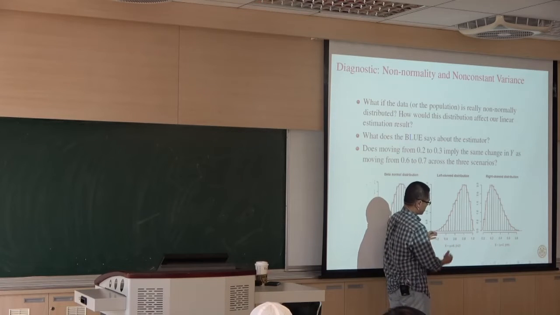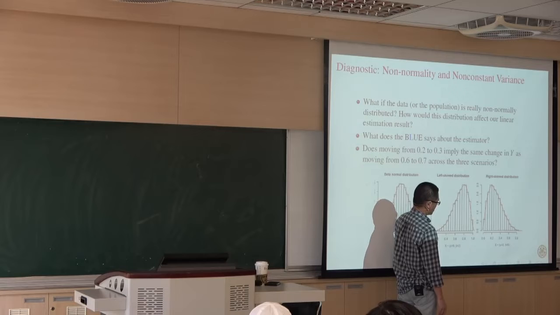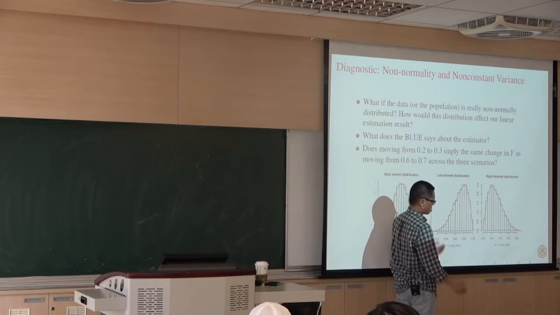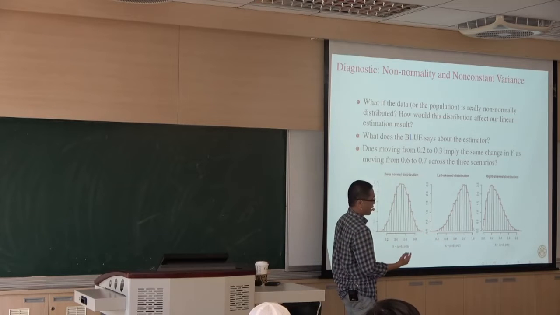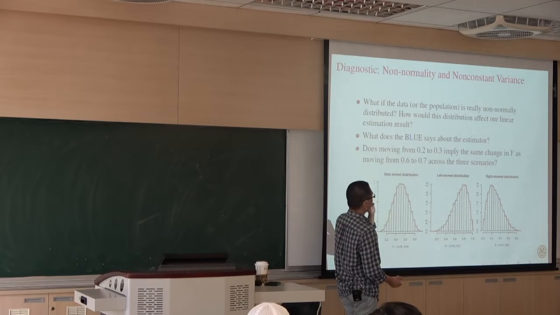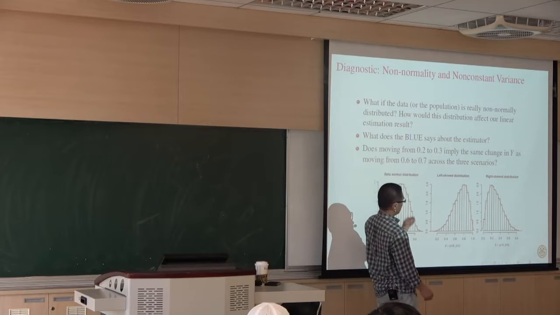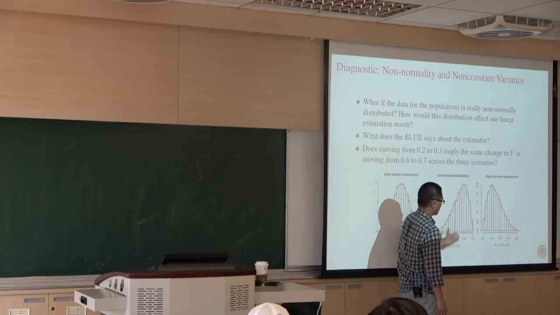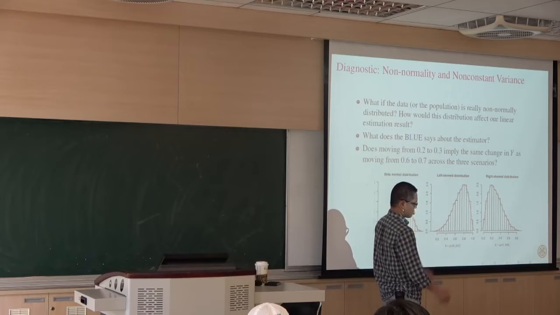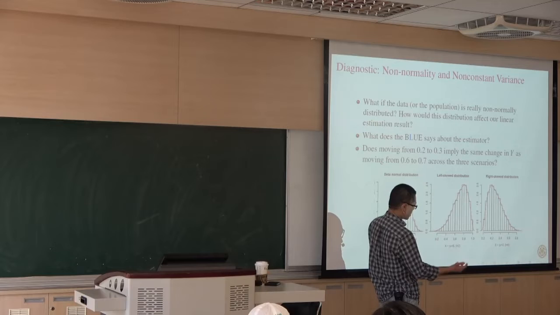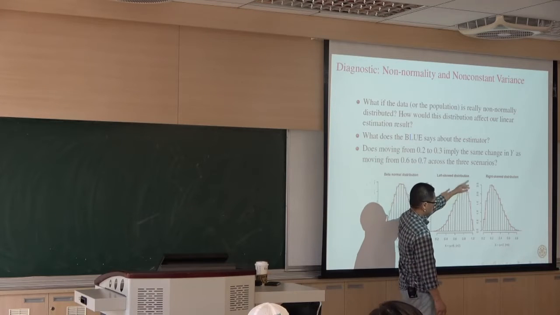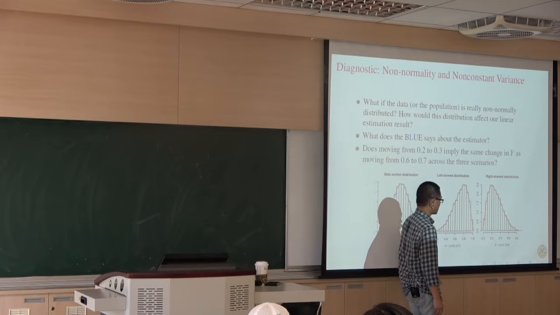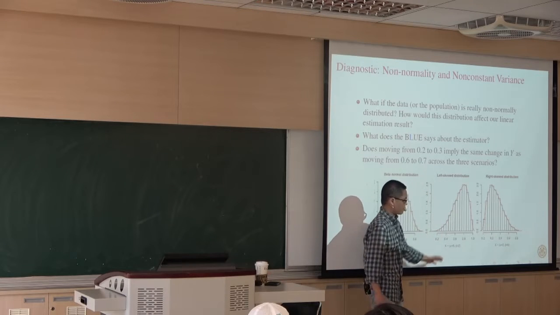So if you compare the beta coefficient estimation between the two subsets of the population, it might be very different. And this will affect our subsequent interpretation of the result. If you move from, say, 0.2 to 0.3 on the left part of this population, does that imply the same margin of change in your outcome variable of interest as if you move from 0.6 to 0.7 on the right part of this distribution?